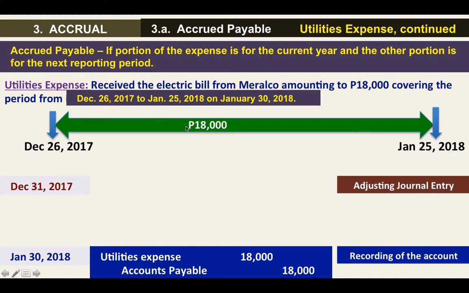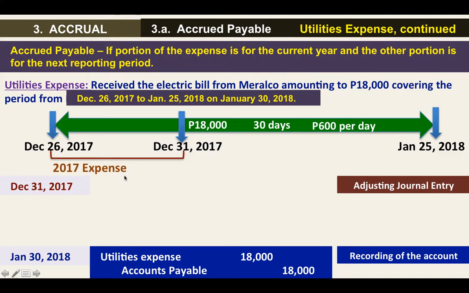So, itong 18,000 na ito is a consumption for 30 days. Kung kukunin natin yung daily, normally ganito ang ginagawa. We determine the daily value para sa ating adjusting journal entry. So, if we are on December 31st, makikita natin from here na December 26, 2017 to December 31, 2017, yan ang expense for 2017.